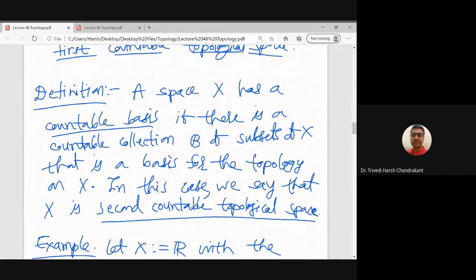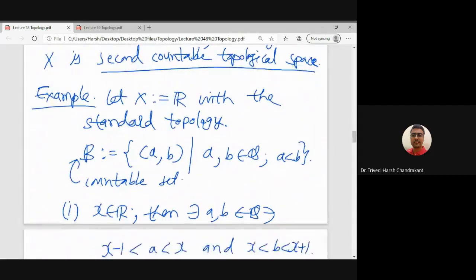And then we have seen second countable spaces, that is, a space capital X has a countable basis if the collection of all basic open sets is itself a countable collection. So the question is, for the set of real numbers with the standard topology, can we find a basis which has countably many basis elements?